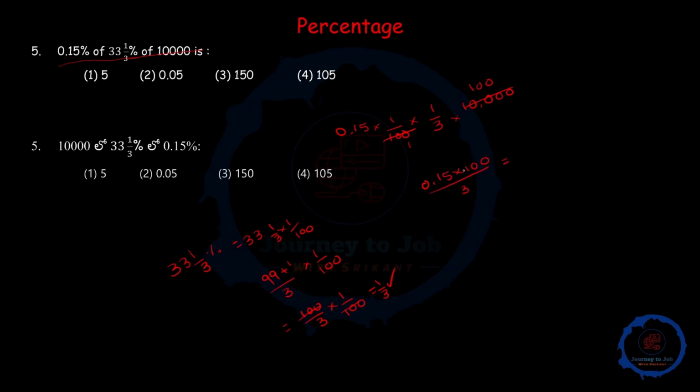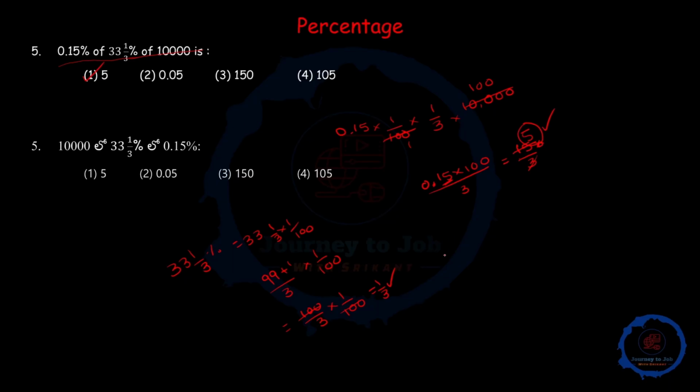If you solve this, 0.15 multiplied with 100 means these two digits will come this side. So 15 into, simply 15, okay, by 3. 3 1 ja, 3 5 ja. So 5 is the answer. And one more way we can solve this question like this.